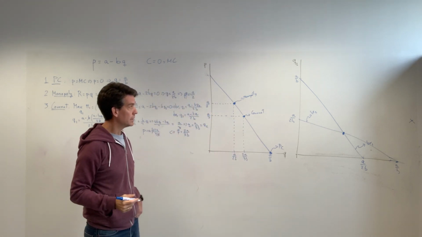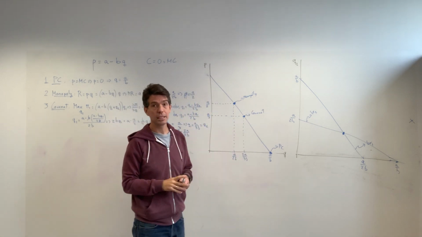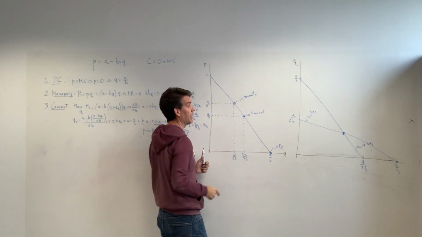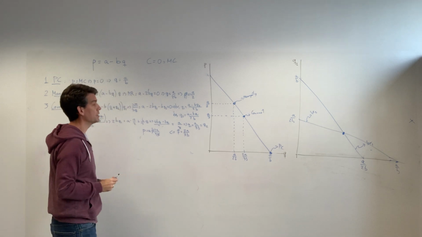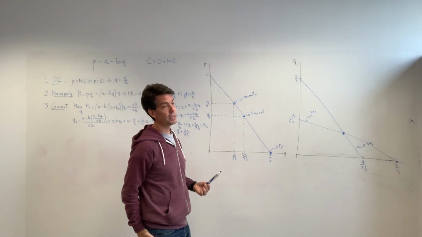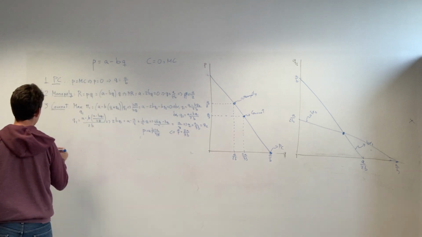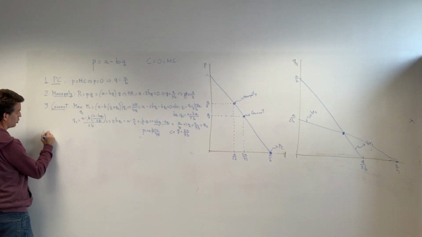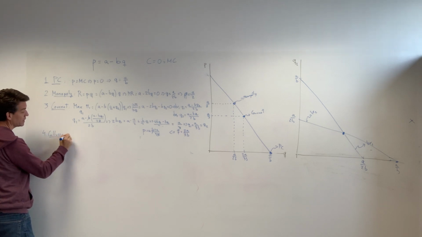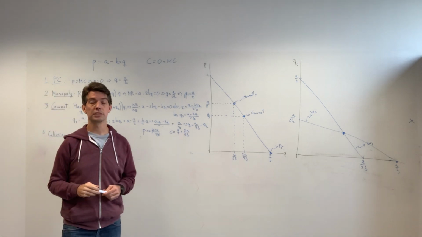Okay, we see that an oligopolistic situation is something in between perfect competition and monopoly. Now, let's see a few things here. For example, let's see if it were possible for these companies to actually agree. So let's see what would happen under collusion. Okay, collusion. What is the best possible agreement these companies could reach?